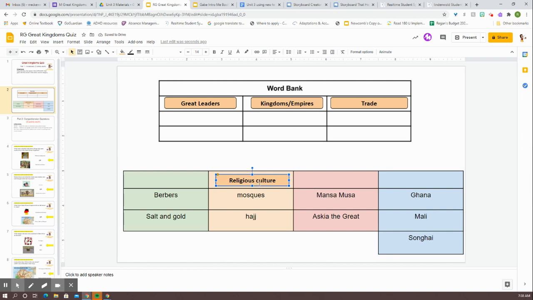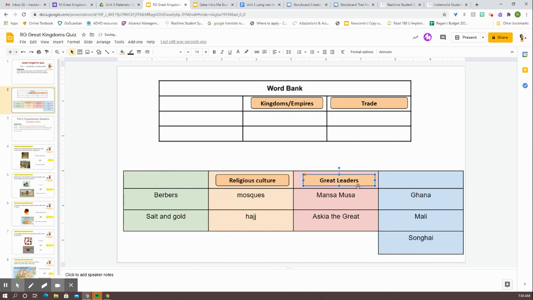Okay, now your other 3 options that you need to pick from are great leaders, kingdoms and empires, and trade. Okay, so for great leaders, you're going to drag this into one of these spots, right?